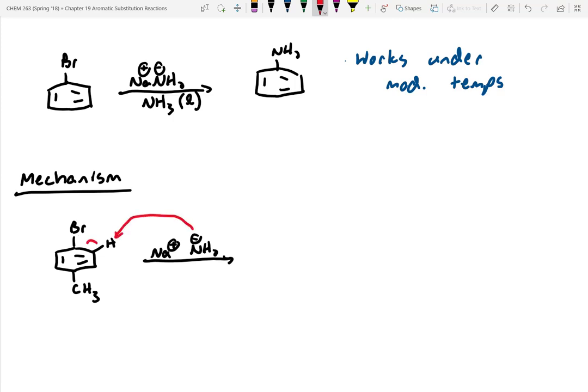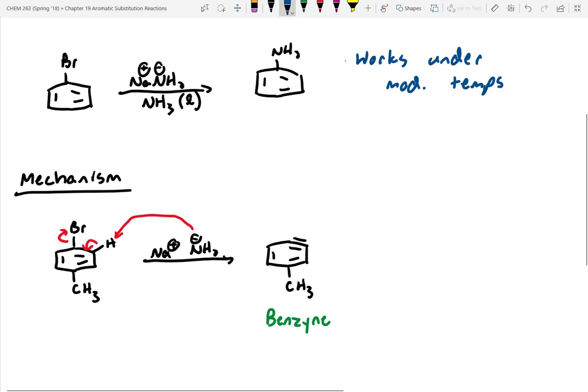So in a way, this kind of looks like an E2 reaction. You end up with a triple bond. And this is referred to as benzyne. Has that Y-N-E suffix to indicate the triple bond. So this is an elimination in the first step.